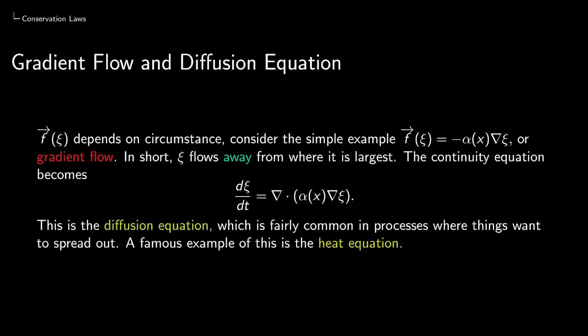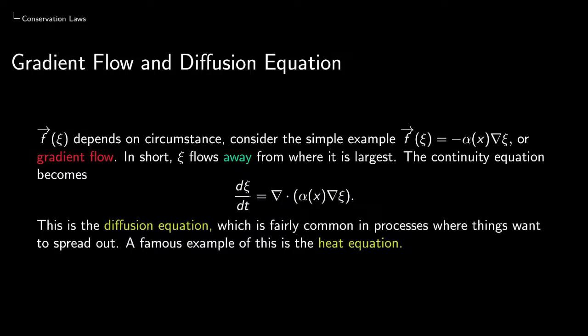Now, there are a number of different flows that can exist. So f can depend on the situation; how that velocity field is generated can depend upon the situation. The most common example, though, is a gradient flow. A gradient flow is basically if you have some quantity z, stuff flows away from where z is the largest, in the direction of greatest increase, which is that gradient.